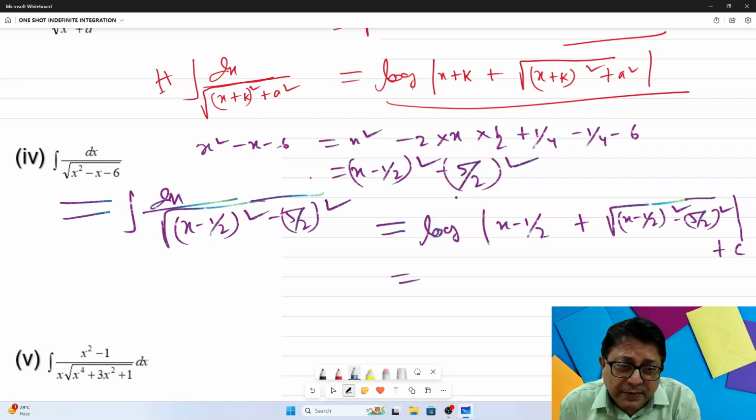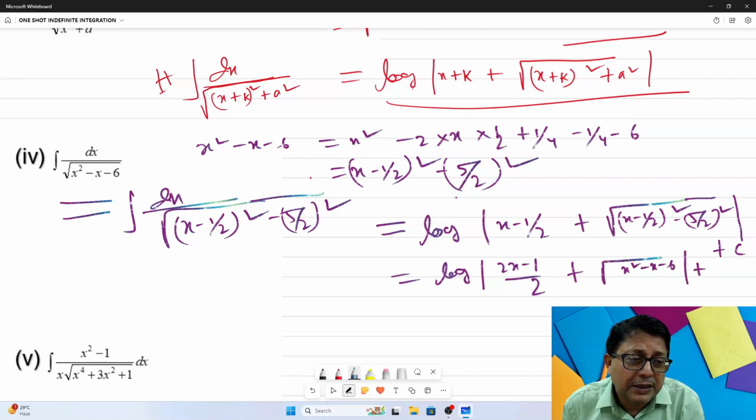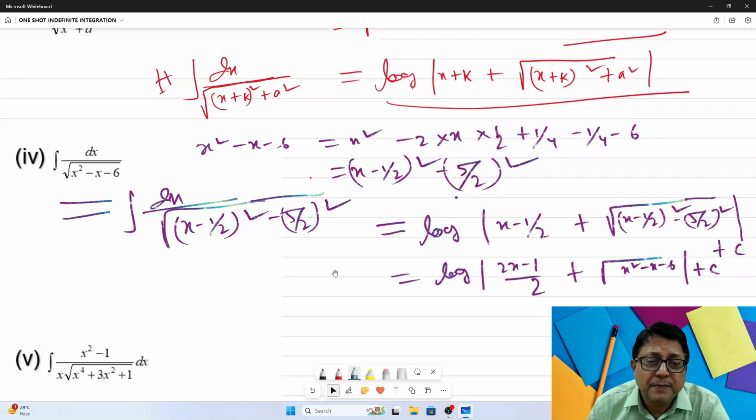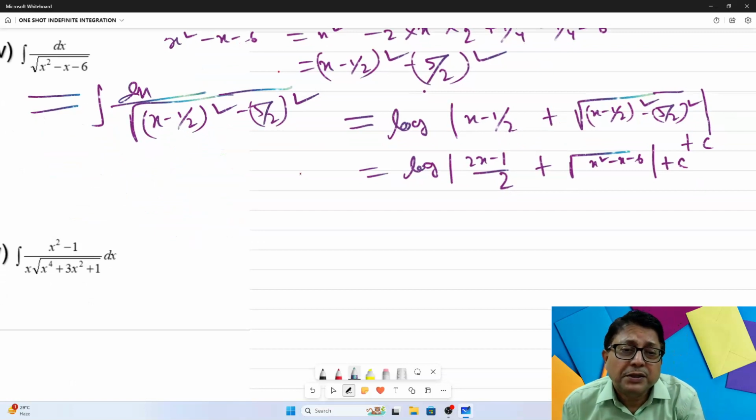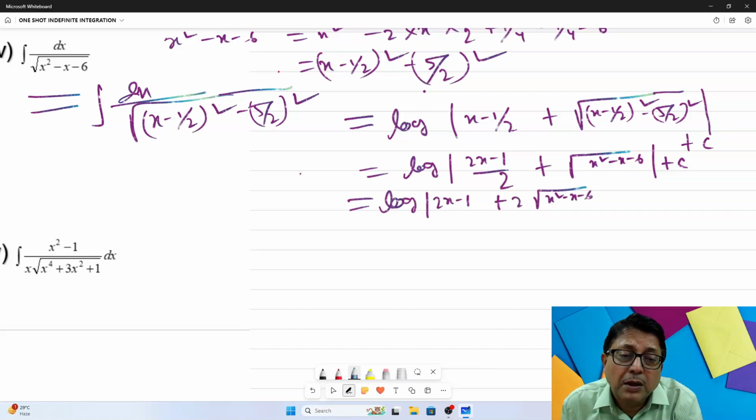Because on simplification this will give you 2x minus 1 by 2, and this thing was written in this form, we got the same form here, under root this plus c. Now this on simplification will give you log of mod of (2x minus 1 plus 2 into under root this) divided by 2, plus c.